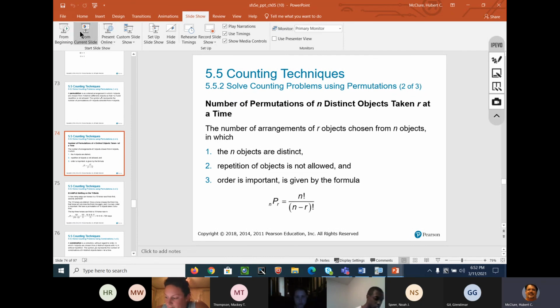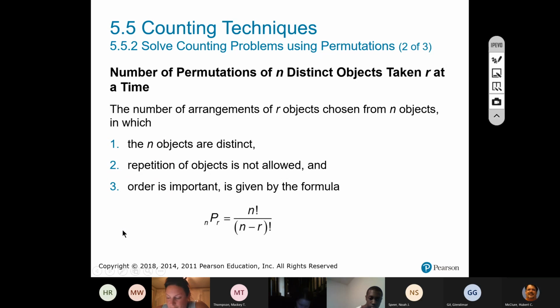There you go. So N, P, R, and you're going to see that on your calculator. That little N and that big P and that little R, you're going to see that on your calculator. Is equal to N factorial over N minus R factorial.